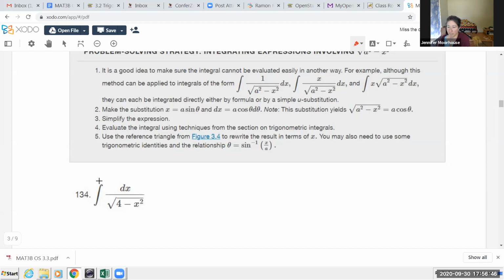But let's do it using a trig substitution anyway. So take a few minutes and think about what substitution you are making, and then substitute in and see what you get after you simplify it as much as possible. I'll give you 2 or 3 minutes.